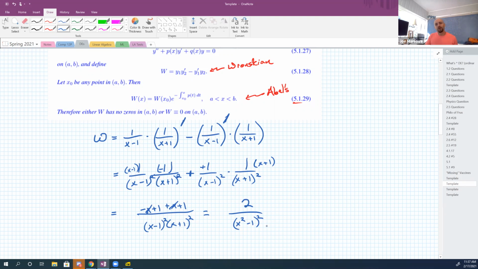Then one thing I can notice from here: does this function, this W of x, have any zeros on any interval whatsoever? Nope. What does that mean?